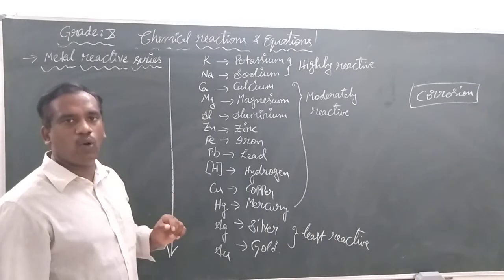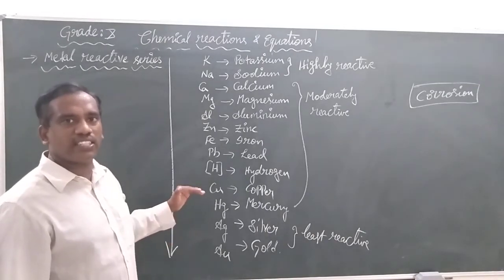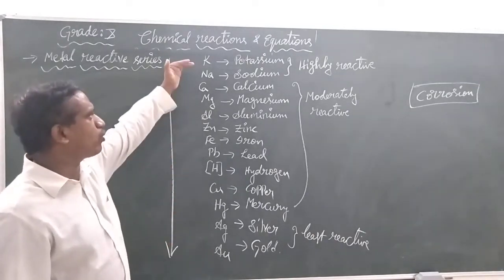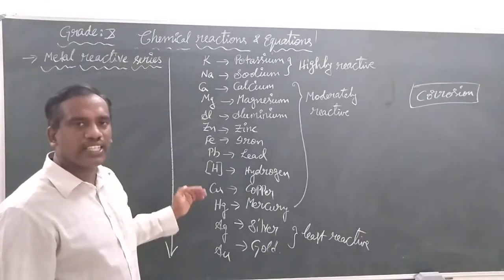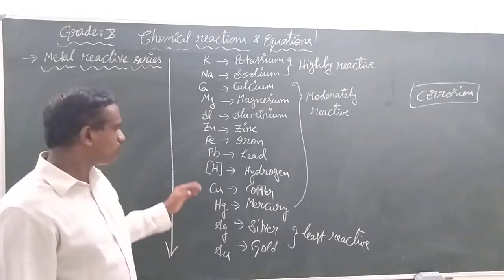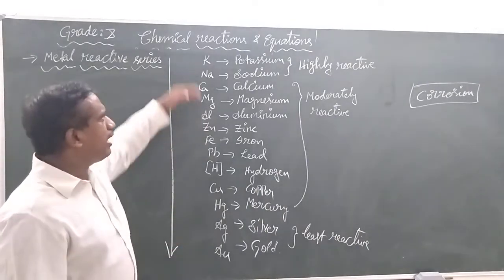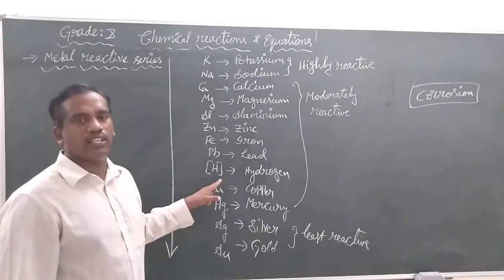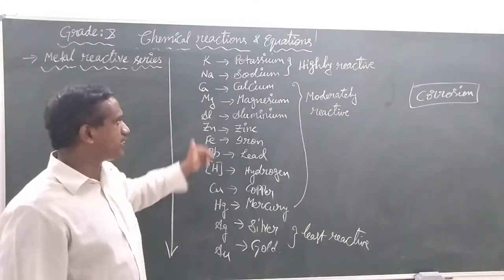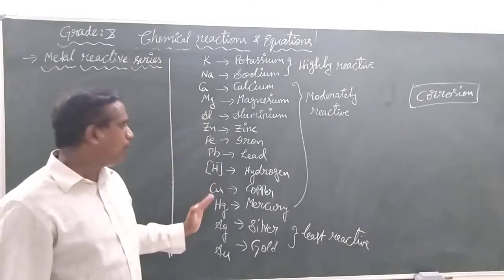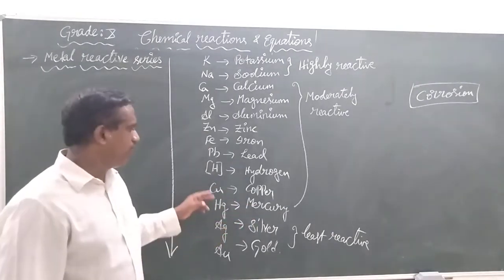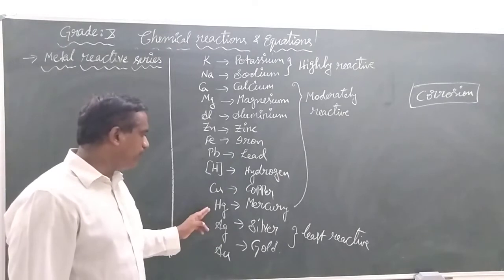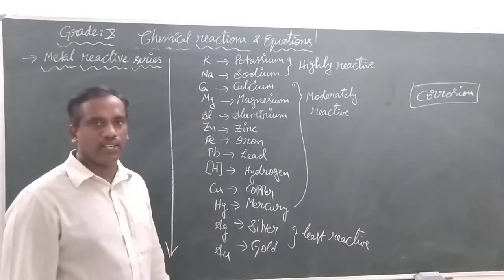It is not a metal. It is taken as a reference. Means the above metals are more reactive than hydrogen. Below metals are less reactive than hydrogen. These can displace hydrogen. But these cannot displace hydrogen. We will understand again. Followed by copper, mercury, silver and gold.